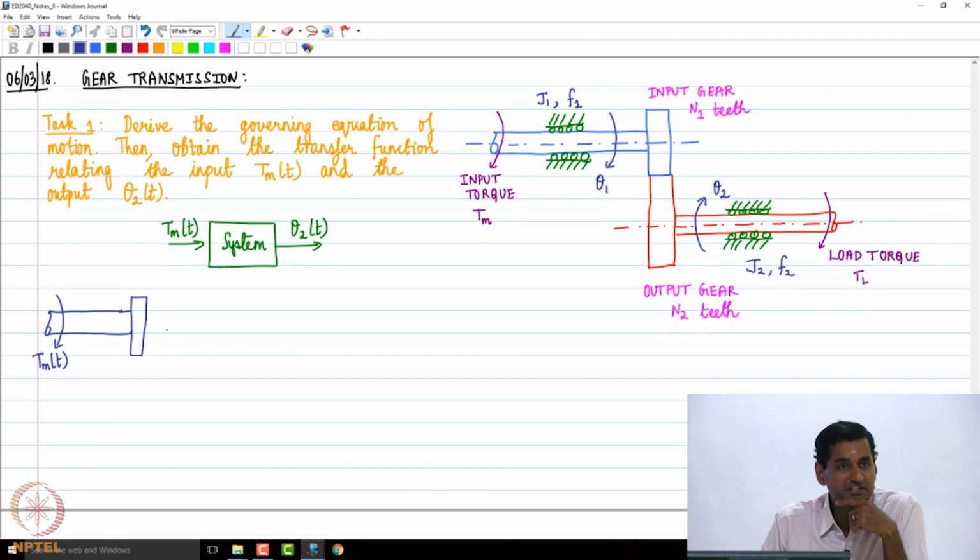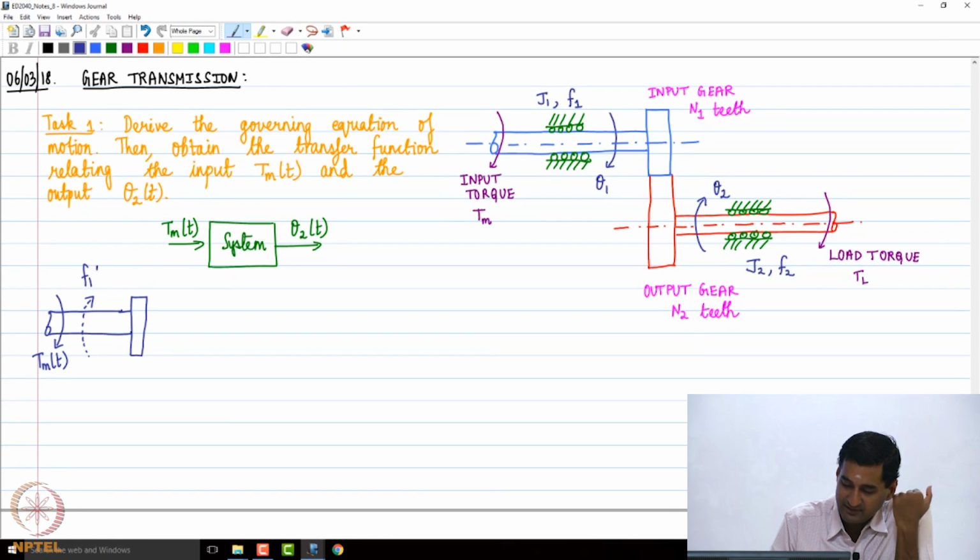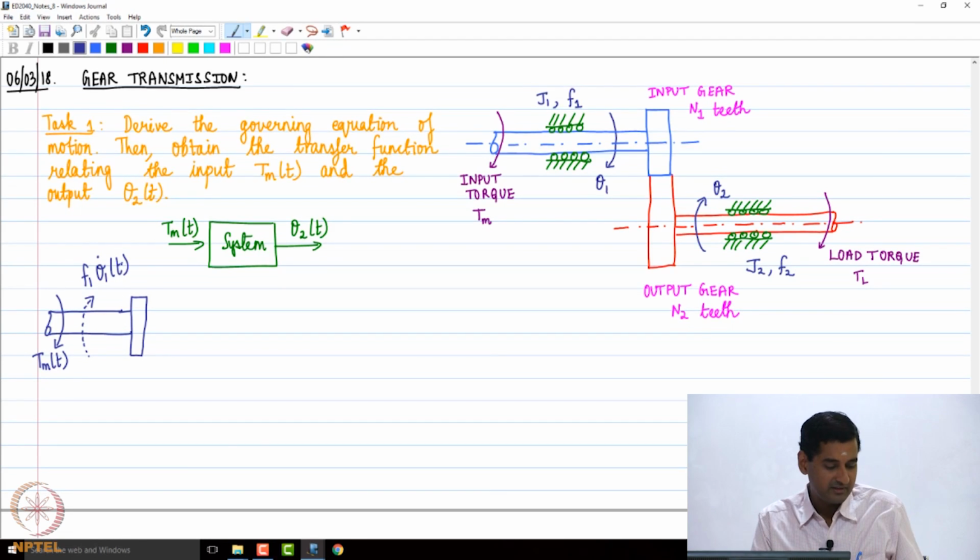Are there some resisting torques? Yes, there are. We have one due to friction, which is F1 times theta 1 dot(t). And would there be any other torque which would be resisting the motion of the input shaft?